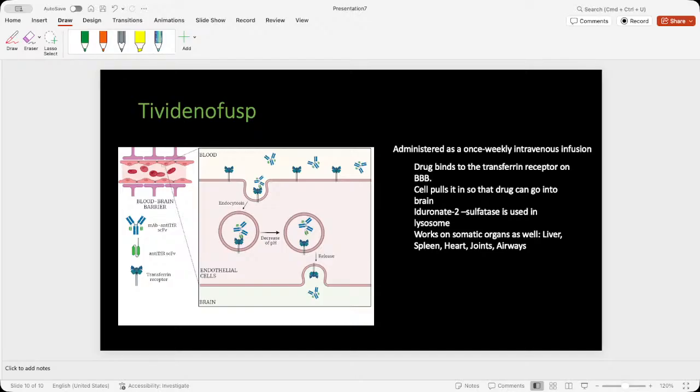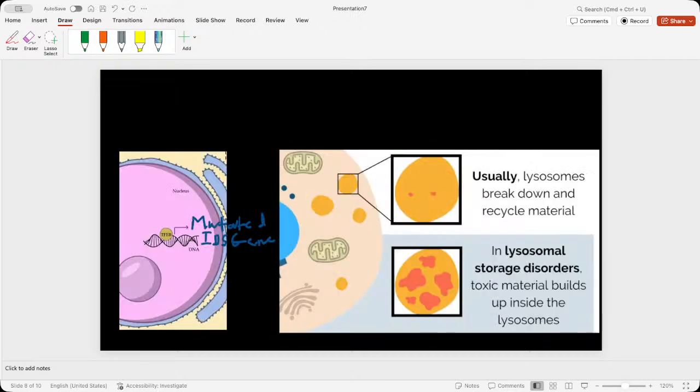Now, once the drug pulls it in, it gets into the neuron cell, and once it goes in, it delivers the I2S enzyme by the Tividenofusp, okay?